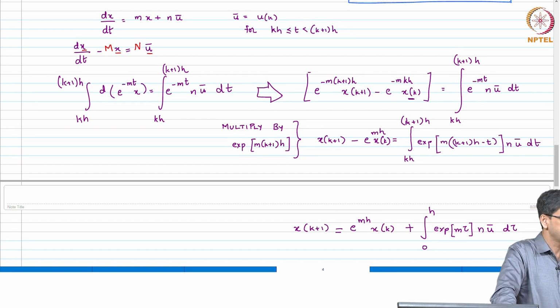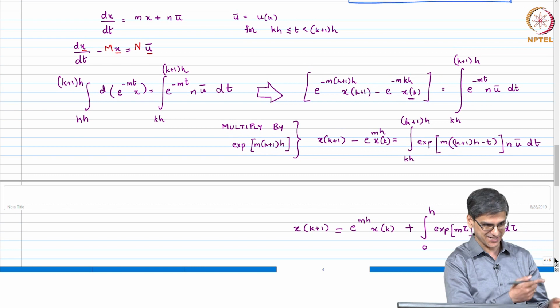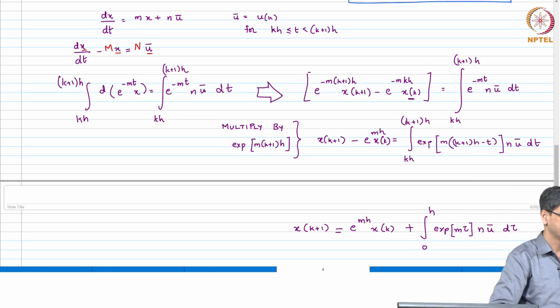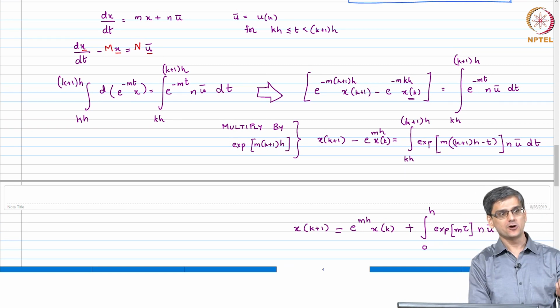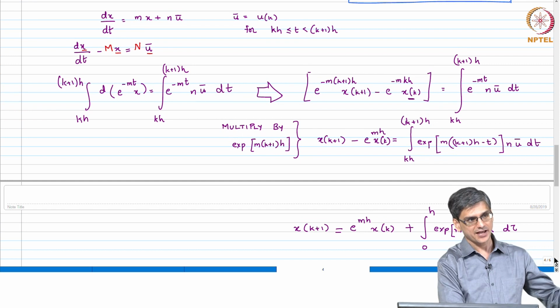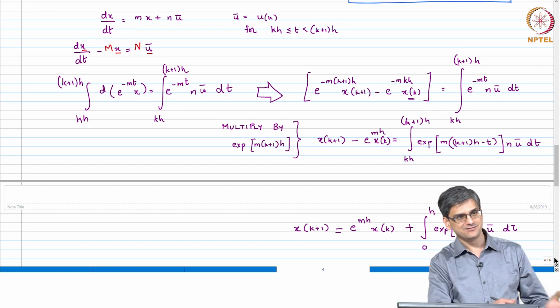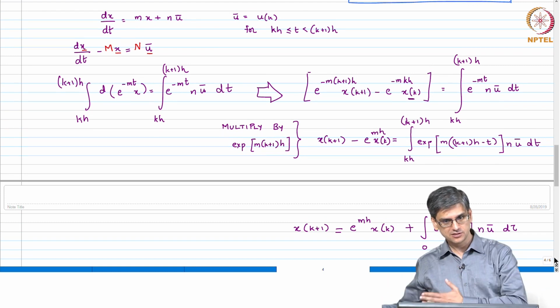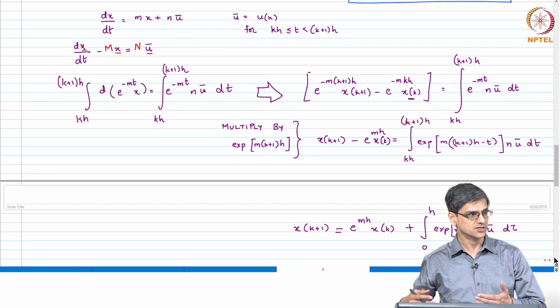Now, if a is a matrix, is it a multiplied by e to the power a t, or is it e to the power a t multiplied by a? This is where my trick does not help. Okay, it is one of the two, it is not both. Okay, find that out. And it is important, because if it is a multiplied by e to the power a t, then you will have to post multiply with an inverse.